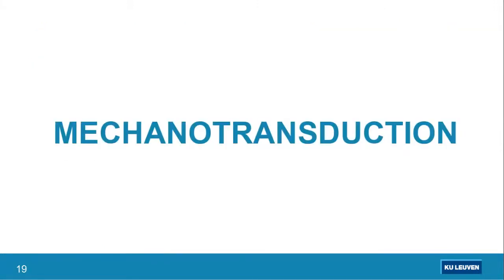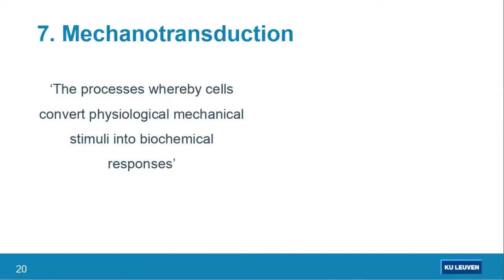Mechanotransduction can be defined as the process whereby the cells are going to convert these physical mechanical stimuli into biochemical responses. So this process of mechanotransduction explains how physical stimuli are going to have an impact on the biology of the cells.